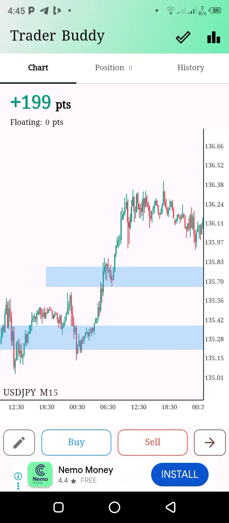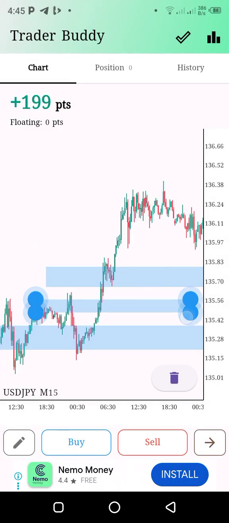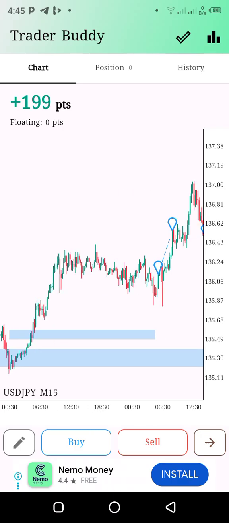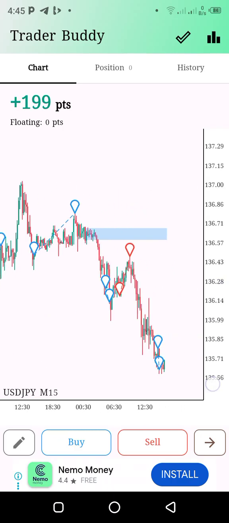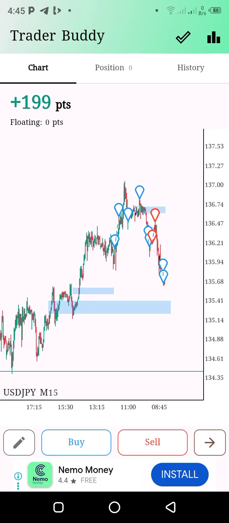We see that price is at a potential point here. This level here is a potential level, right? Potential level for a buy. So which level broke major? First of all, we have to identify structure, right?